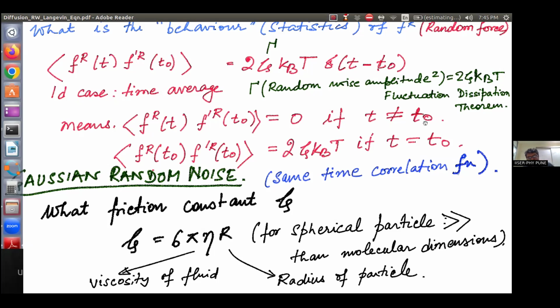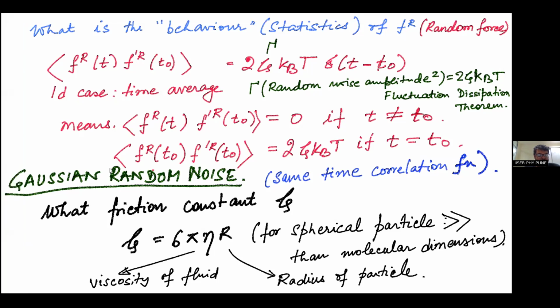On the other hand, if t is equal to t0, then whatever the force, whether it acts in the positive or negative direction, large or small, this force is a Gaussian random noise.